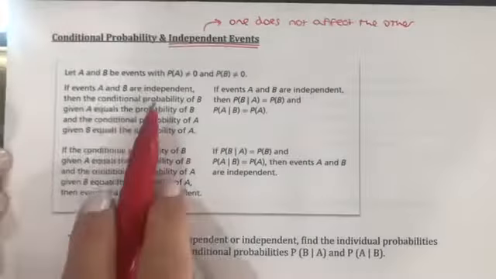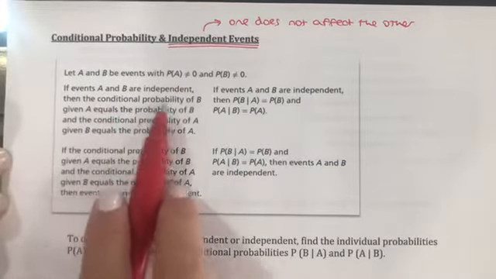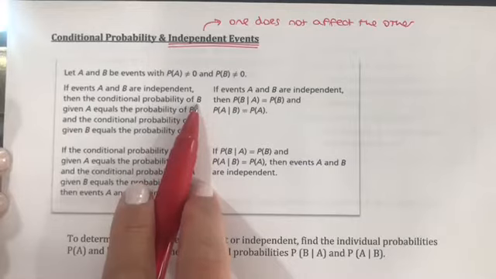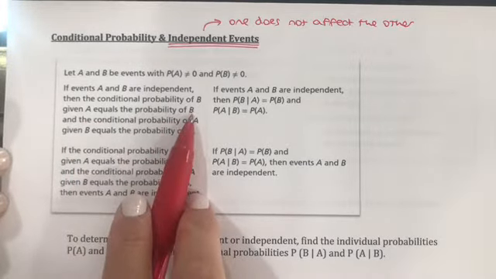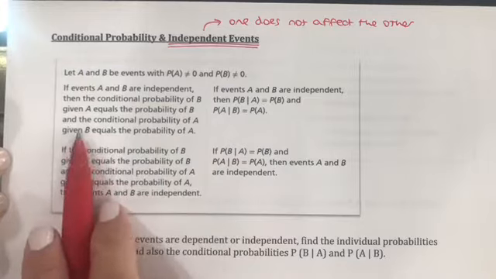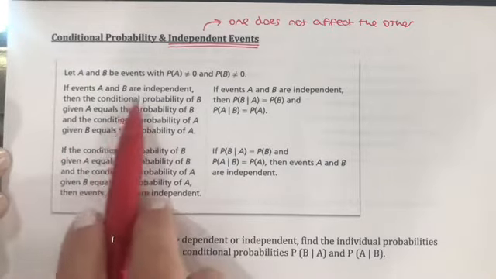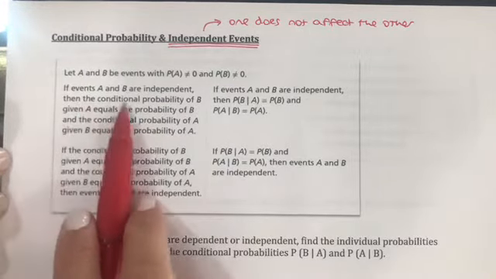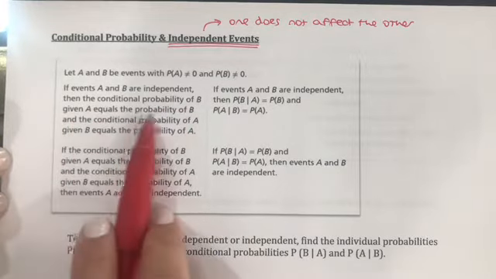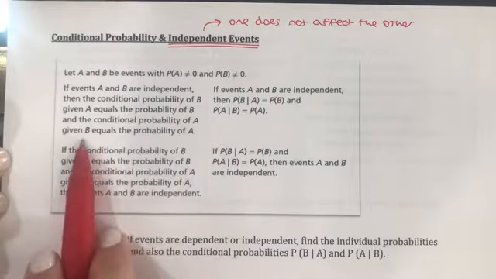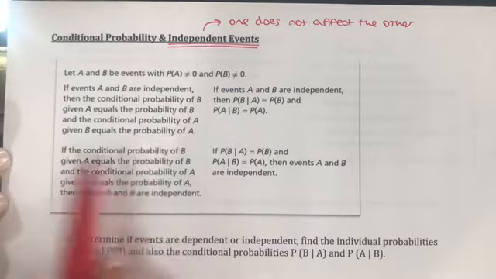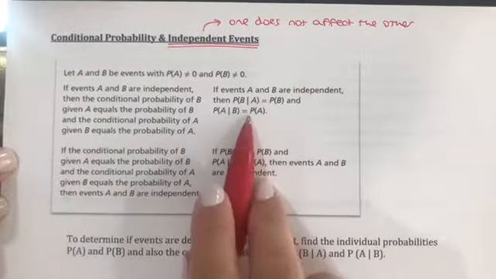Then the conditional probability of B given A equals the probability of B, and the conditional probability of A given B equals the probability of A. That's very wordy, and it's easier to explain over here.